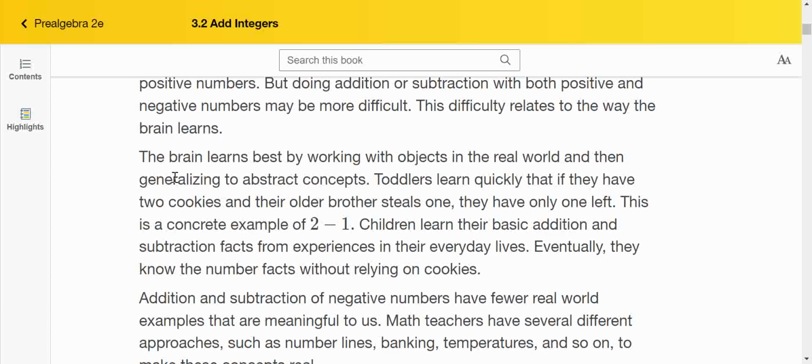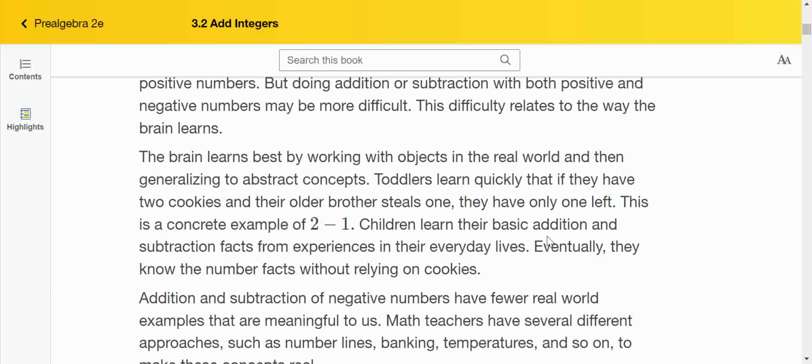The brain learns best by working with objects in the real world and then generalizing to abstract concepts. Toddlers learn quickly that if they have 2 cookies and their older brother steals one, they have only 1 left. This is a concrete example of 2 minus 1.